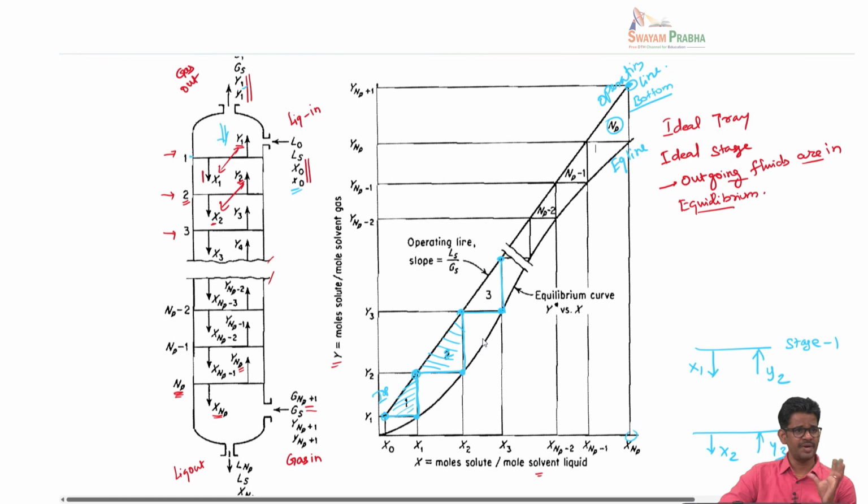So there is an independent calculation for tray efficiency. Once I know the tray efficiency and the ideal number of stages, I can calculate the actual number of stages. That comes later. Right now we are focusing on calculating the number of theoretical stages, or theoretical plates, or ideal plates. They are all synonyms.